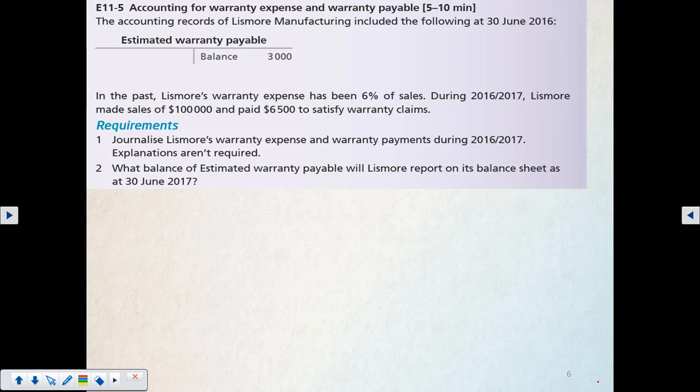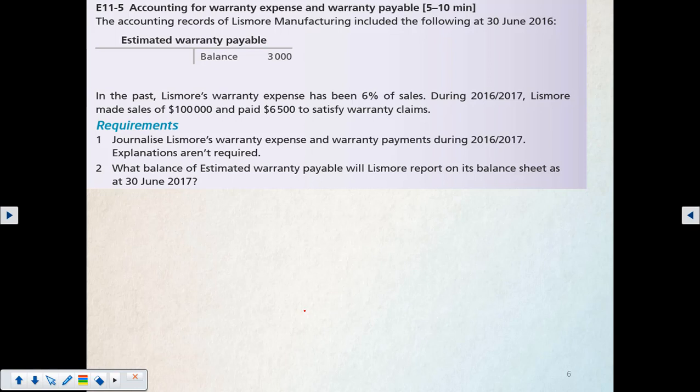Any way to calculate? 500. Estimated means warranty expenses. Yes. Estimated warranty payable, right? Warranty payable, because we have two accounts. One is warranty expense, another one is warranty payable.